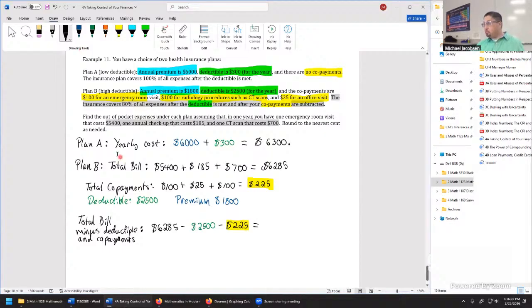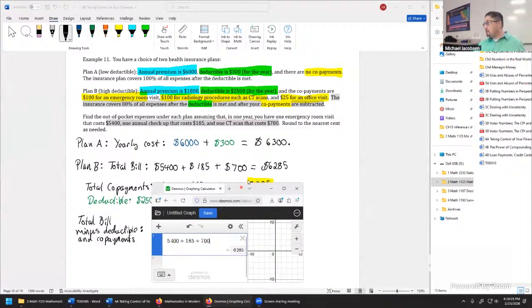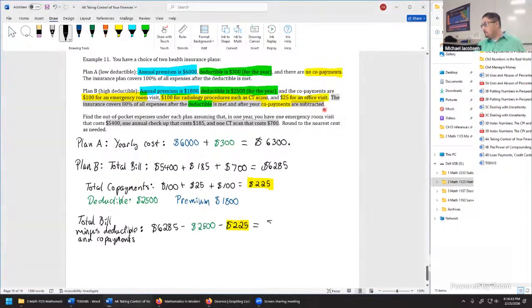So this total medical bill for those three events now comes down to, let's take a look, 6,285 minus 2,500 minus $225. It's now at $3,560. Still a humongous chunk of change that would break the bank for, I think, just the average person.